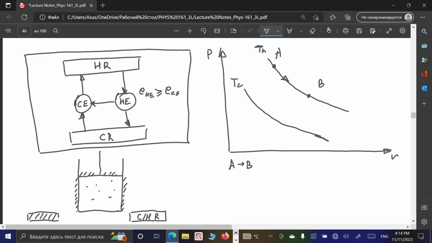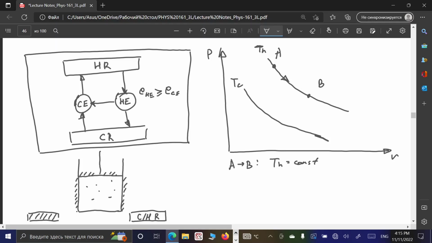That is an isothermal curve, and both points, A and B, are located on the same isothermal curve, which means obviously that it is an isothermal process. And what can we say in terms of temperature between these two points? It's the same, it doesn't change. So we can write the temperature is TH for this process, and that is constant.